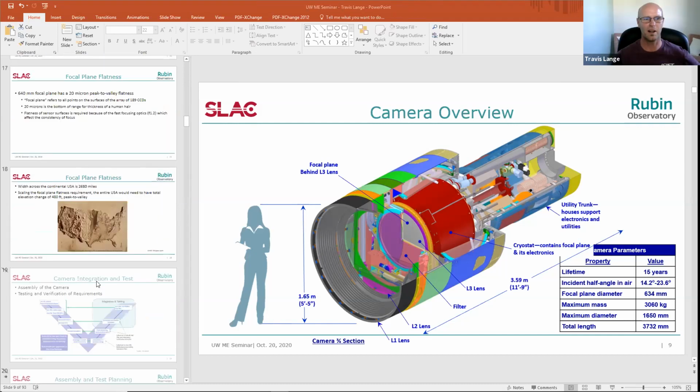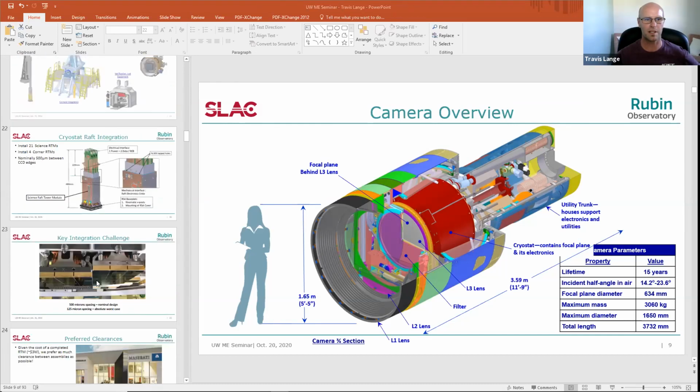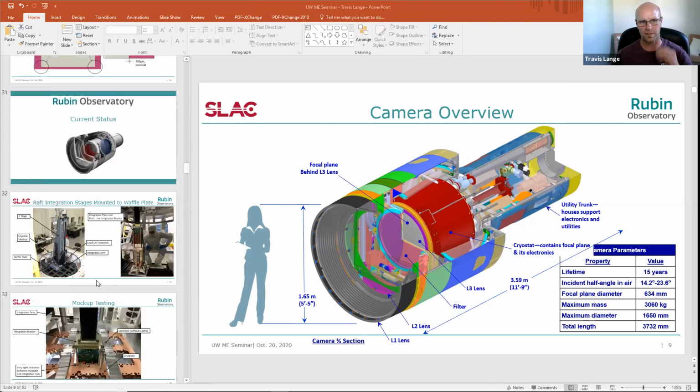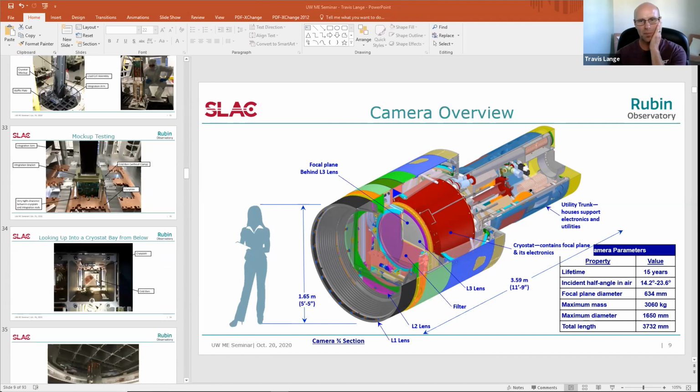Yeah, so I'll address the first one. The actual process of installing the rafts, we did a lot of practice. We built 5 Raft tower modules with non-functioning CCDs so that we could do a lot of testing, so we didn't have to worry about damaging them.